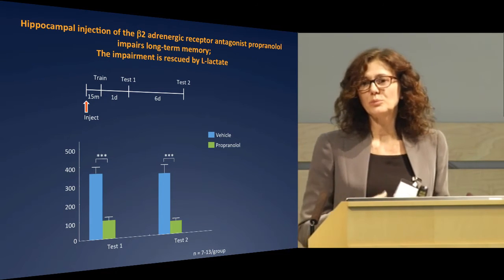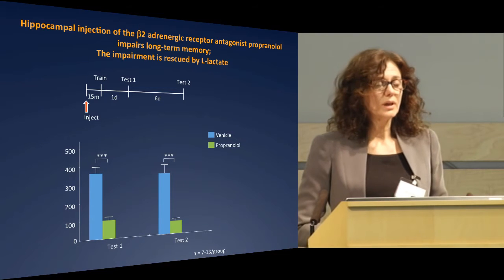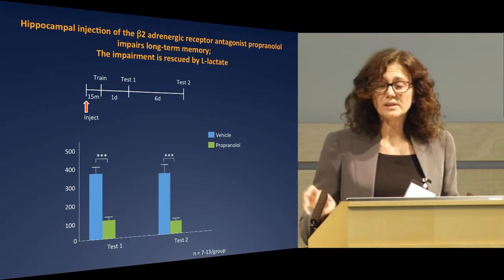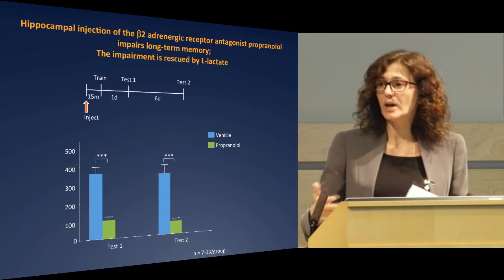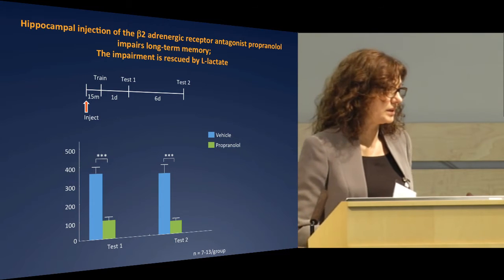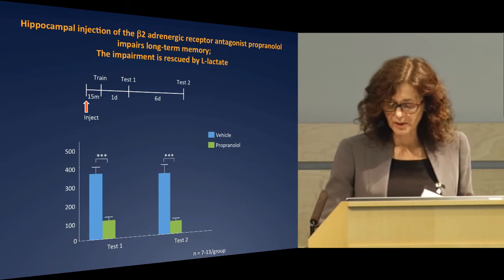Adrenergic receptors come in many groups. We have alpha receptors and beta receptors. And we are focusing on beta receptors because they have been described as important for long-term memory consolidation and modulation in amygdala and other regions. So now we are targeting the hippocampus.